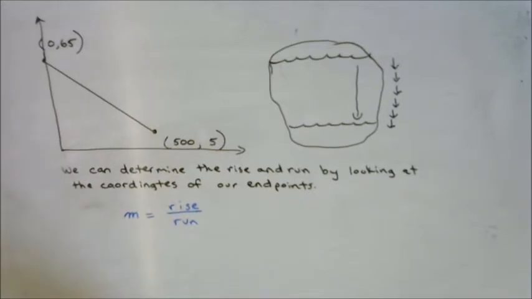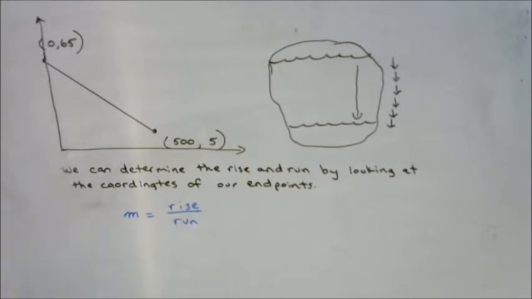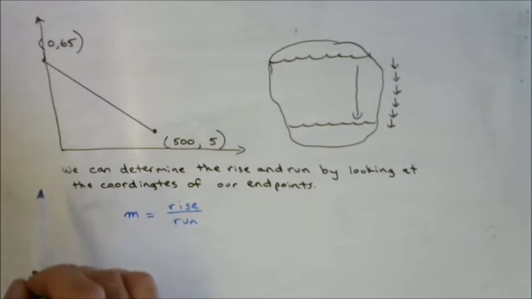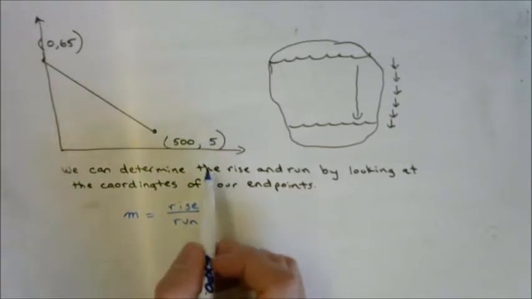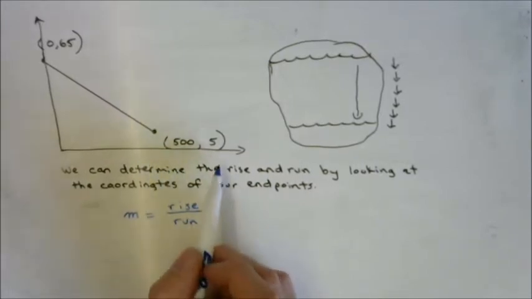Now, on a graph, I don't have my grid marks drawn, so I'm not going to count squares, and you're not either, because the scale is different for the x-axis and the y-axis, or the volume axis and the distance axis.